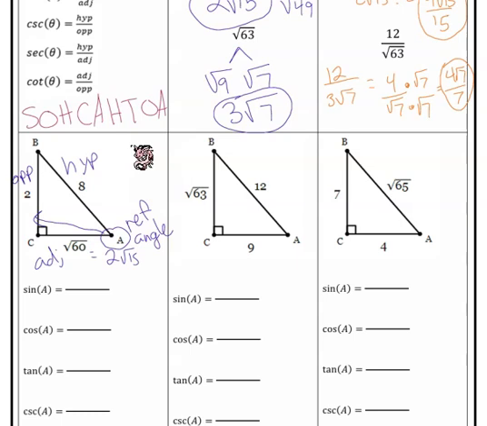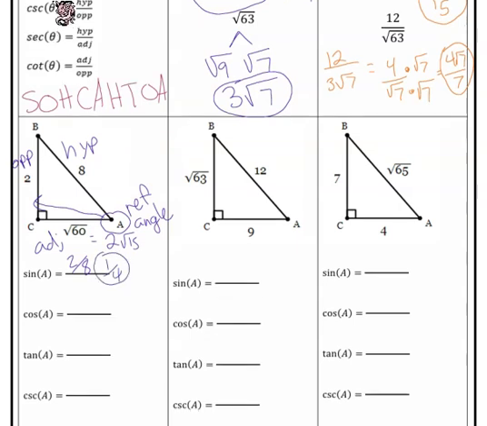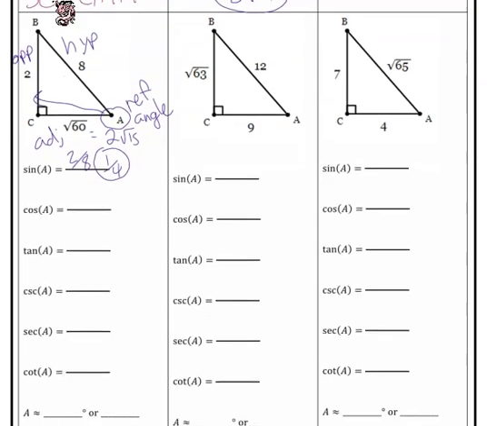Using those, we could write out sine is opposite over hypotenuse, 2 over 8, and that reduces to 1 over 4. Cosine of A is adjacent over hypotenuse, so that is 2 square root 15 over 8. That reduces to square root 15 over 4.